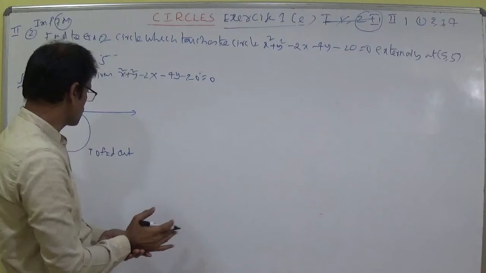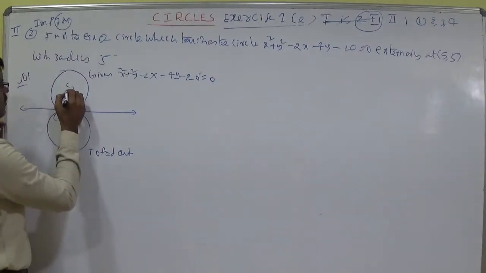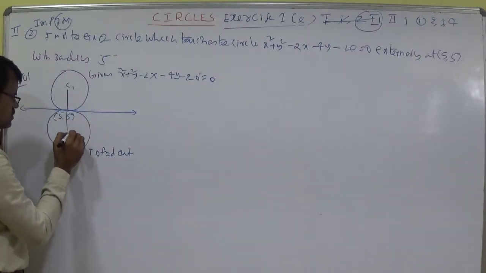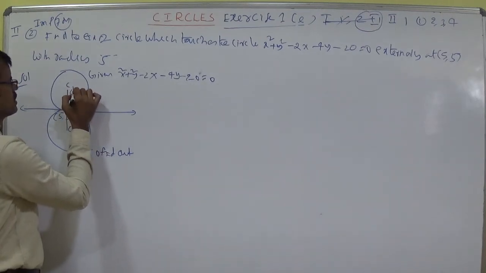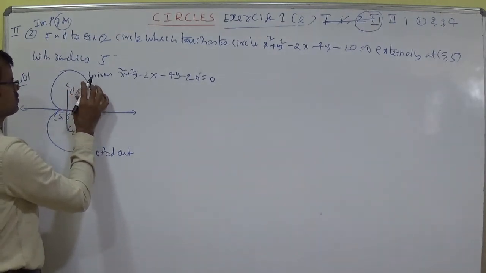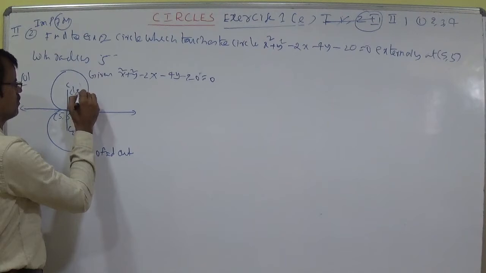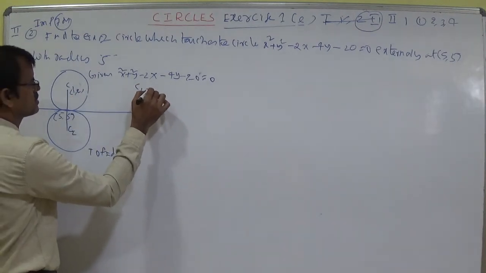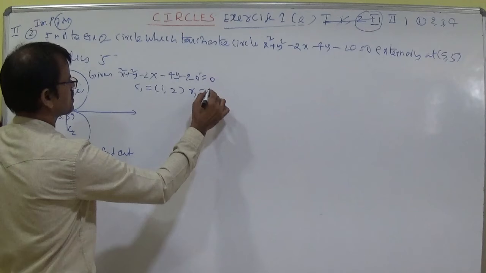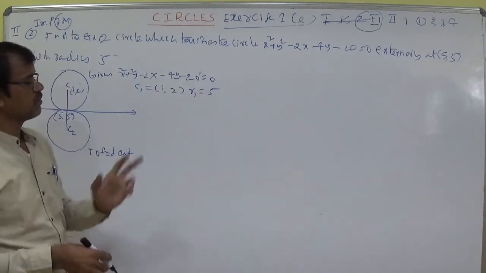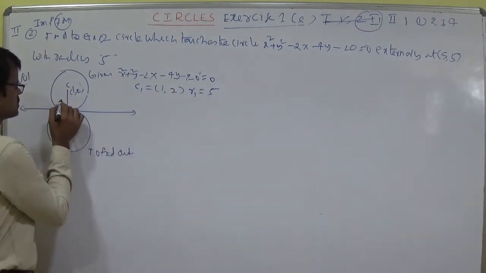This one you should calculate. Join like this, C2 here. The center C1 is 1 comma 2. So R1 is equal to root of g square plus f square minus c, which is 5.